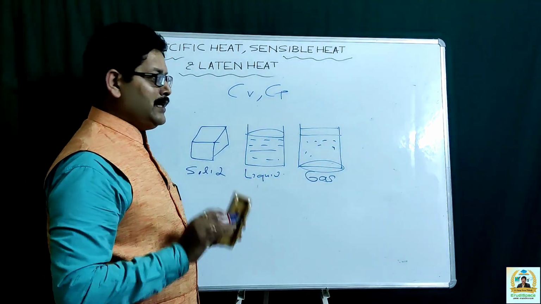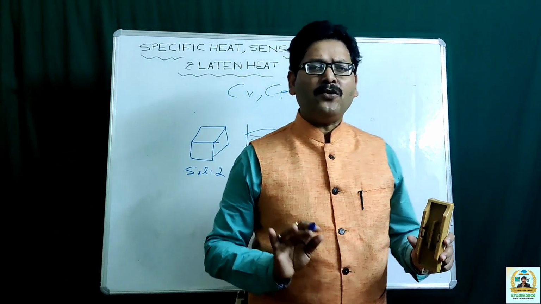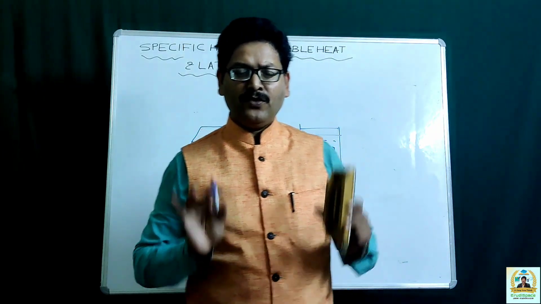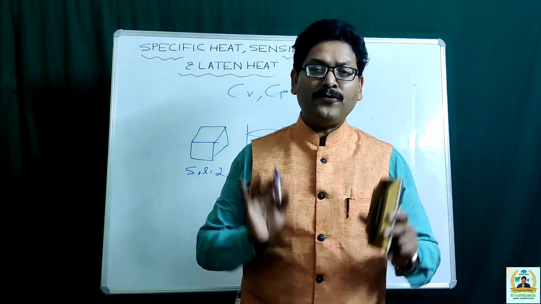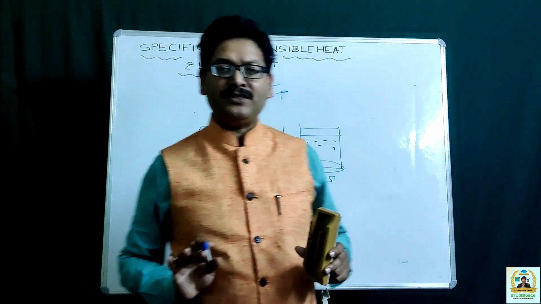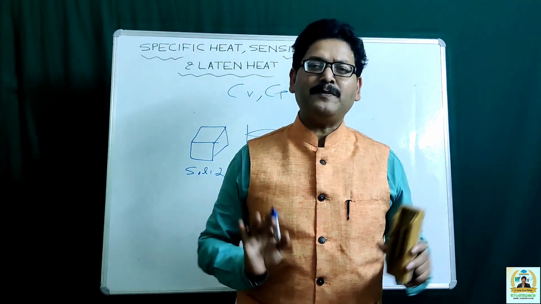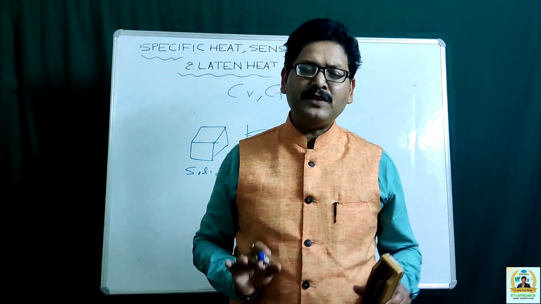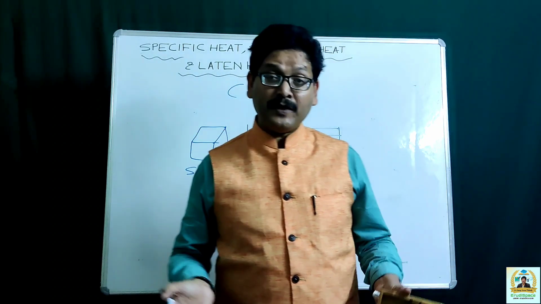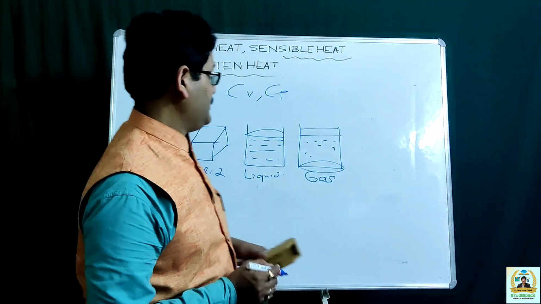So now we'll apply the first law of thermodynamics for a closed system undergoing a change of state, and from that we'll analyze why we require a single specific heat when it comes to solids and liquids, and why we require two specific heats when it comes to gases.